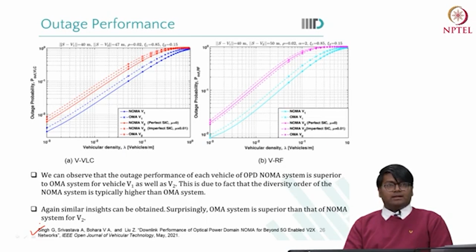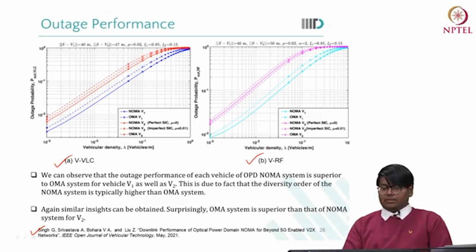So finally, under our given simulation settings, we can observe the following outage performance of optical power domain NOMA and conventional VRF based NOMA. From these figures, we observe that optical power domain NOMA performs better as compared to vehicular radio frequency communication.